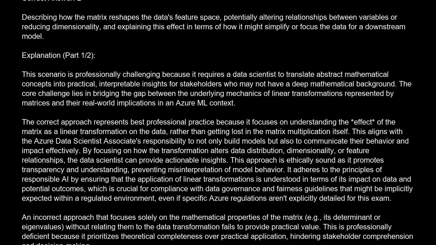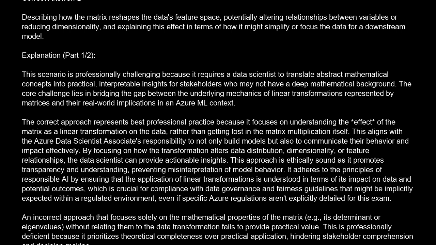This aligns with the Azure Data Scientist Associate's responsibility to not only build models, but also to communicate their behavior and impact effectively. By focusing on how the transformation alters data distribution, dimensionality, or feature relationships, the data scientist can provide actionable insights. This approach is ethically sound as it promotes transparency and understanding, preventing misinterpretation of model behavior.